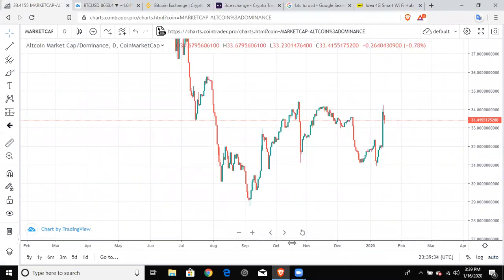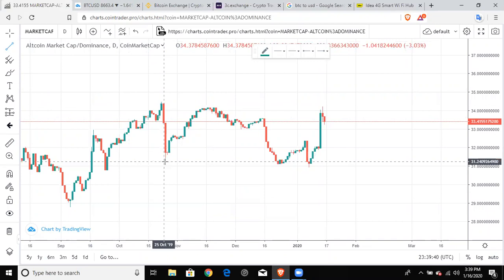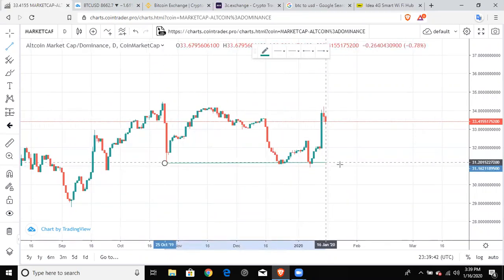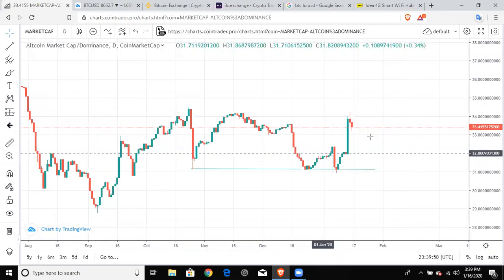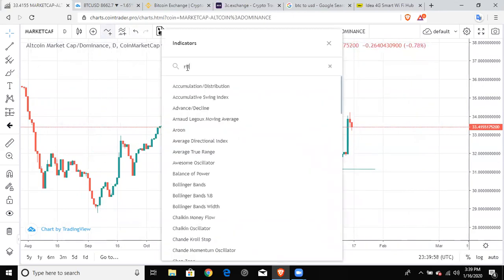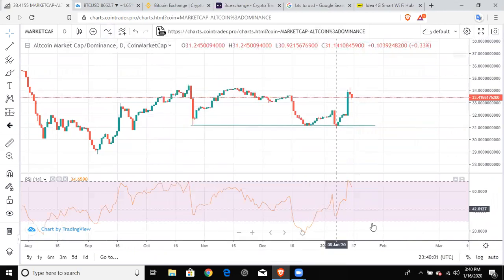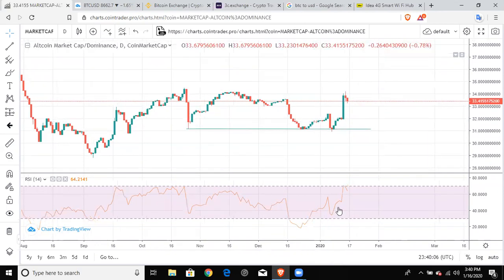I pointed out this horizontal level here, where I talked about the exaggerated bullish divergence, where the RSI is moving high and price is flat, so there's high probability we're going to move up. I pointed this out in my previous video, and you can check it out.